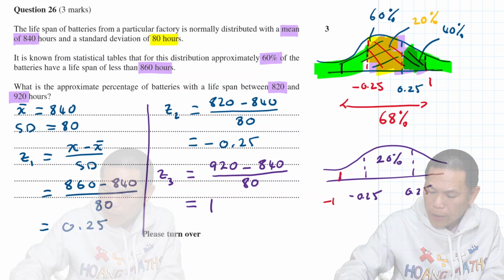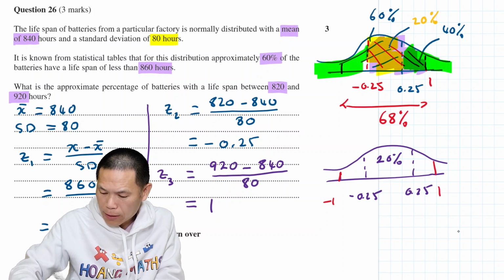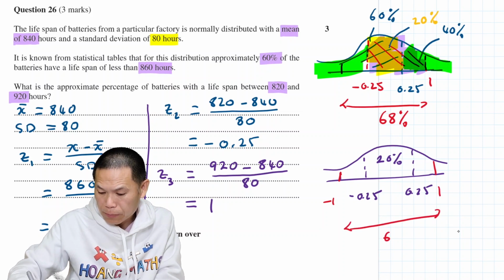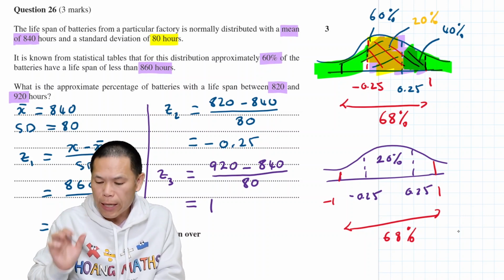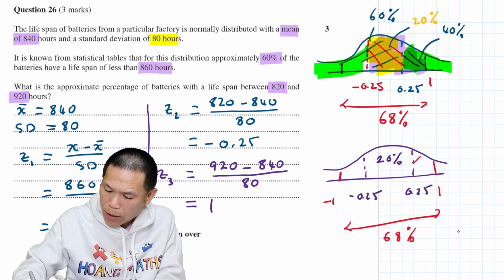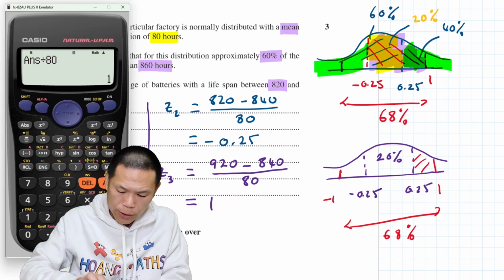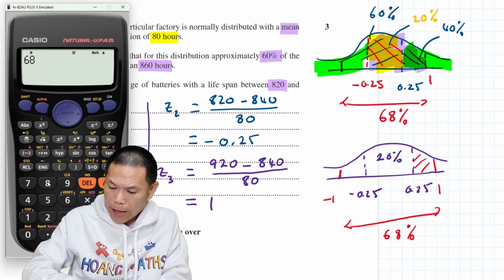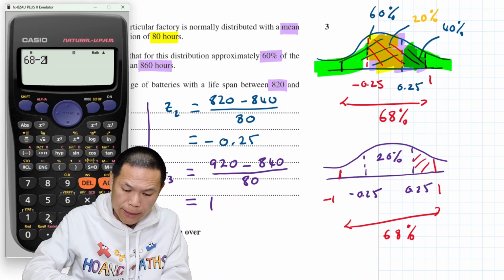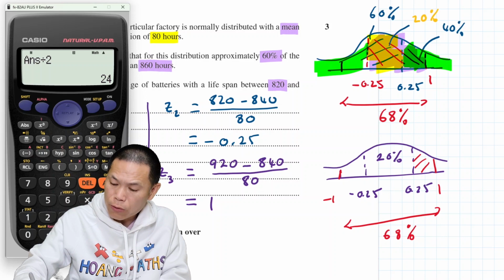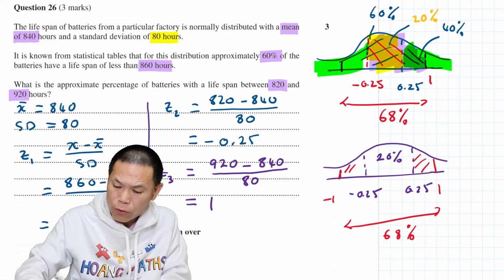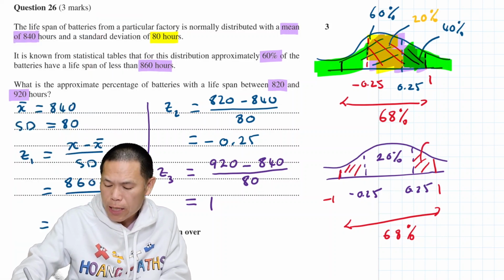And from negative 1 to 1 is 68%. So keep that in mind, okay? 68% is from the data set. So to work out one of these, what we do, 68 minus 20%, and then we divide by 2, okay? Because there are two of them, one for the right hand side and one for this, okay? So that answer here is 24%.